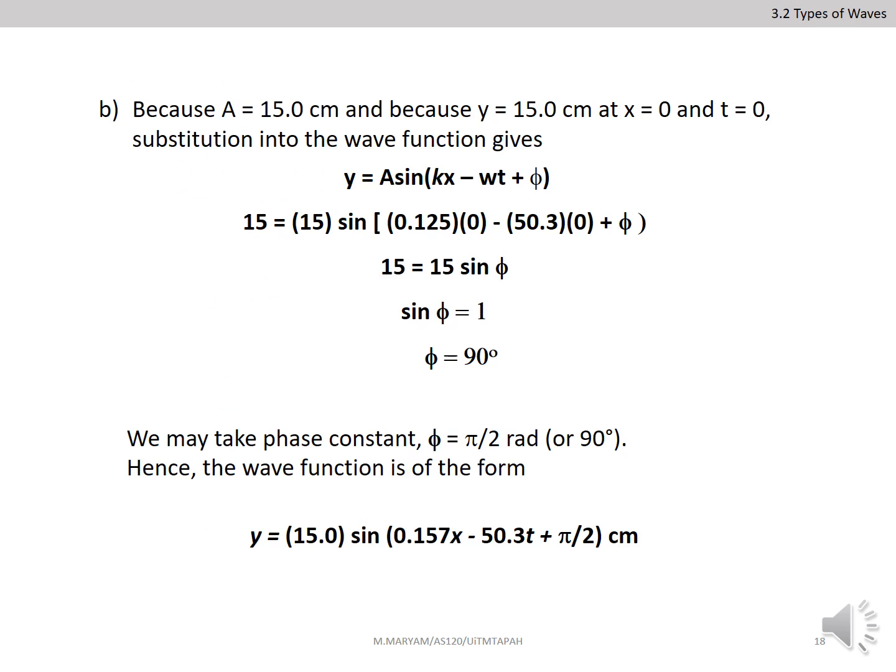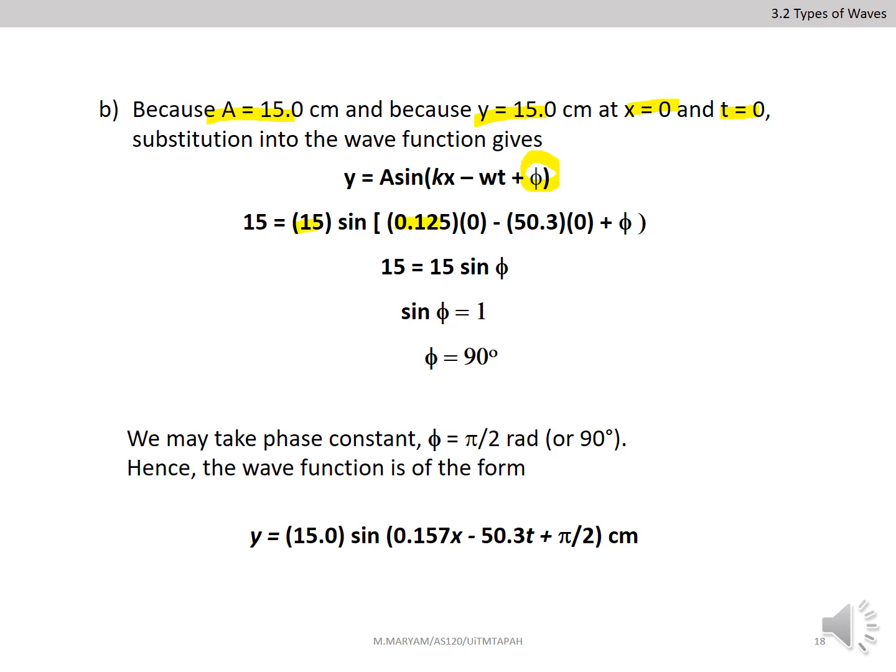Then we need to find the phase constant and wave function. Because A is given as 15 centimeters and y is given as 15 centimeters also at x equal to 0, t equal to 0, refer to the function equation, which is y equals A sine kx minus omega t plus psi. The question asks for psi, so we need to put psi in the equation here, even though x equal to 0, t equal to 0. Here we substitute the value of y, 15, and A, 15.